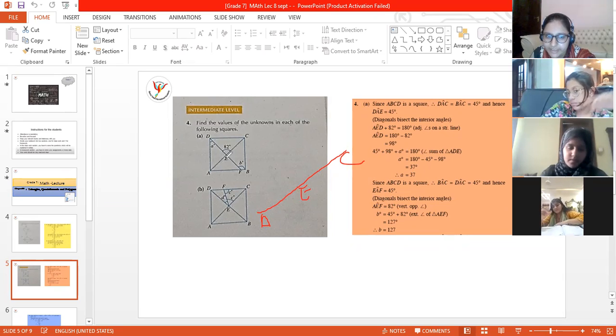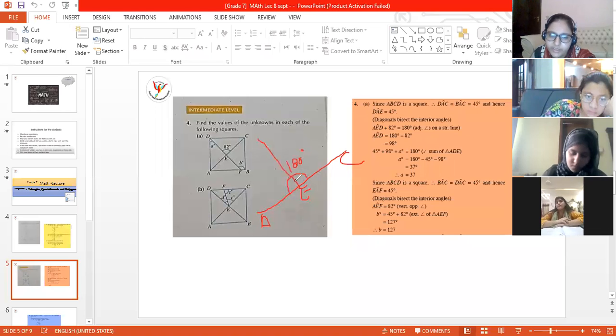Okay, now AEC is a straight line, and you know that whenever angles are on a straight line, they are equal to 180 degrees. Angles on a straight line are equal to 180 degrees. For example, if this angle is 82 degrees, then I can easily find this part of the angle with the help of a straight line.